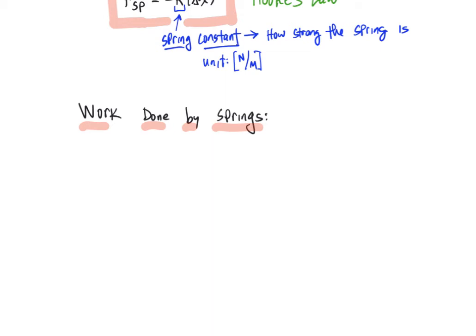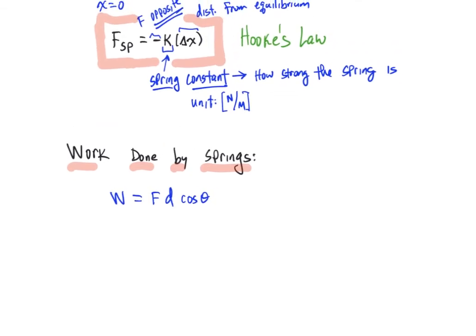And the reason is we remember that our equation for work is work equals force times distance. I know that there's a cosine theta here, but for right now we can sort of ignore that, as we'll see.